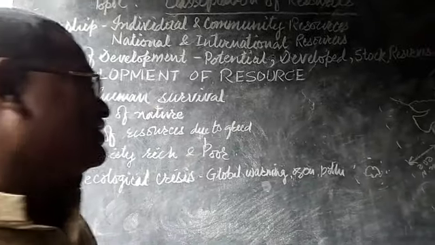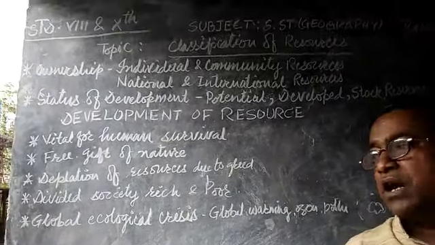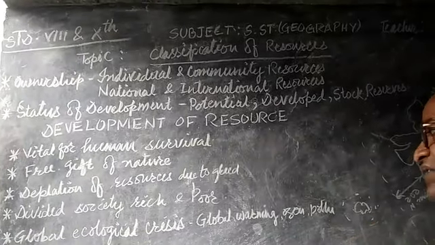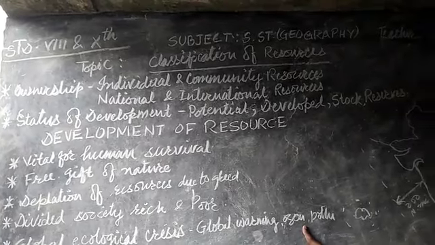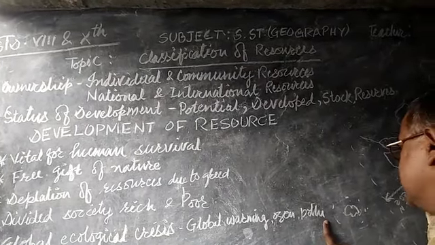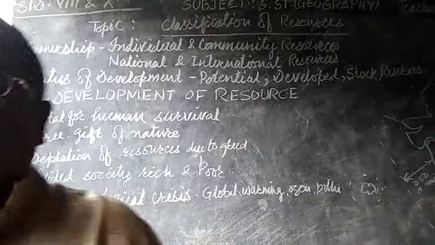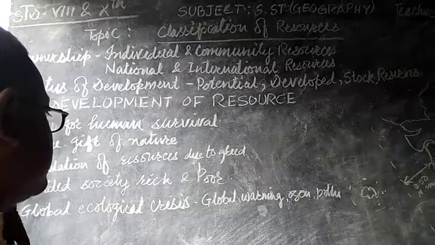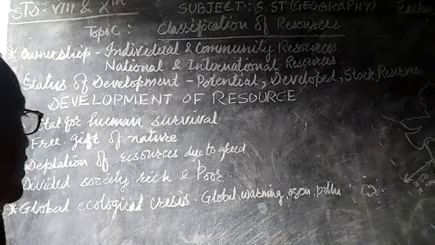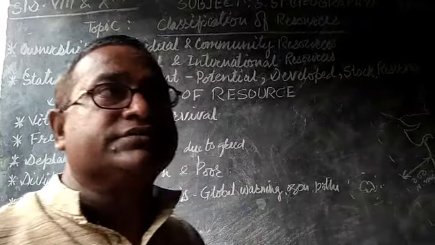Due to excessive use of the resources, we suffer from many ecological crises like global warming, ozone depletion, and the pollution level may also enlarge. So these are the global ecological crises, and we suffer from this.